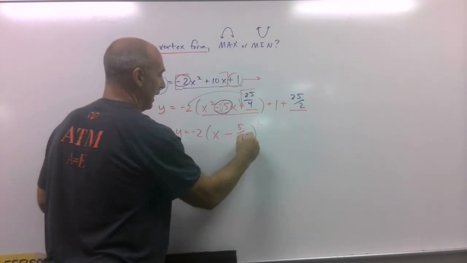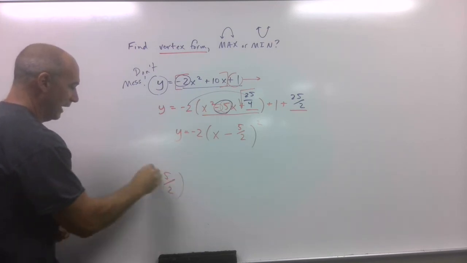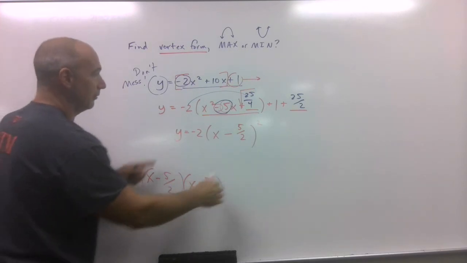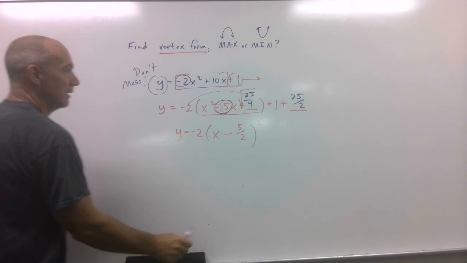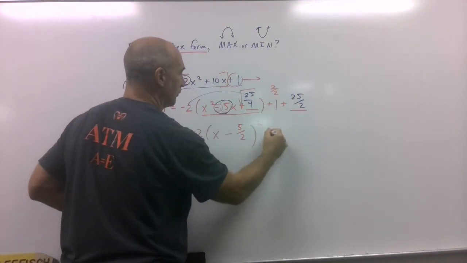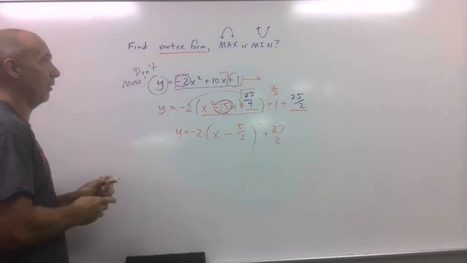Believe me, 5/2. If you don't believe me, then you're going to have to go x minus 5/2, x minus 5/2, FOIL it all out, and you'll get this, I promise, but we just don't have time to do it. And then what do we have here? Well, that's -2 plus 25/2, which is 27/2.